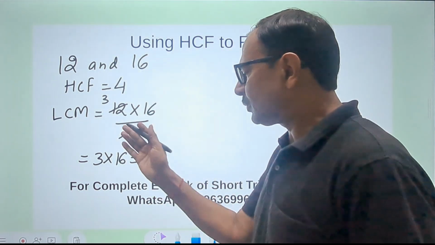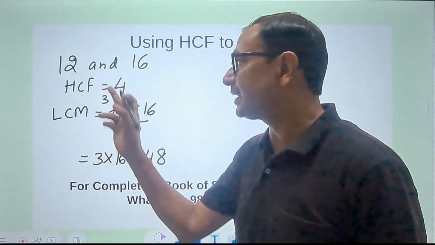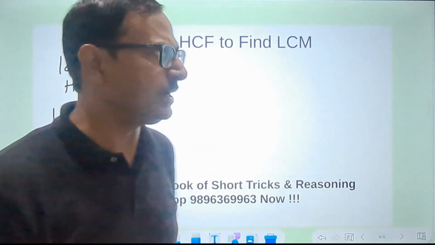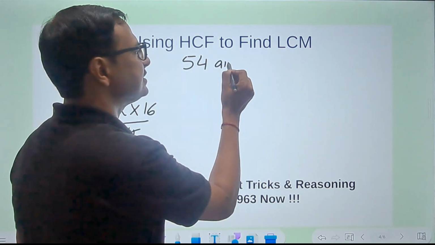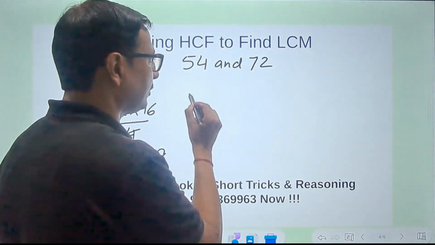Which calculation do you think is difficult here? I don't think there will be anything difficult because the numbers are not that big. So let's increase the difficulty level and go to numbers like 54 and 72. Now, how do you find the highest common factor?